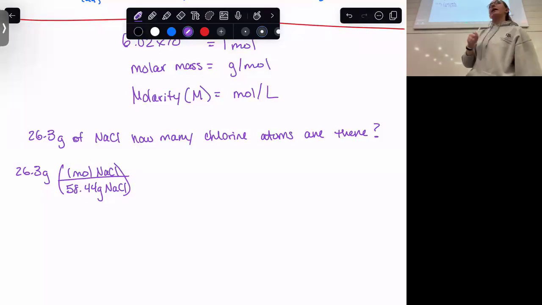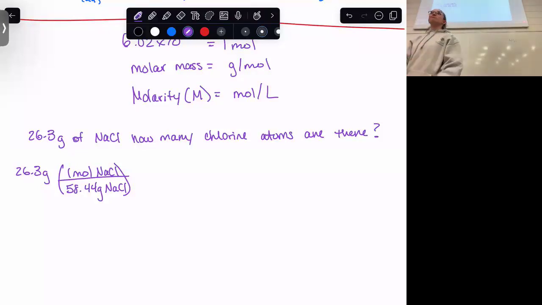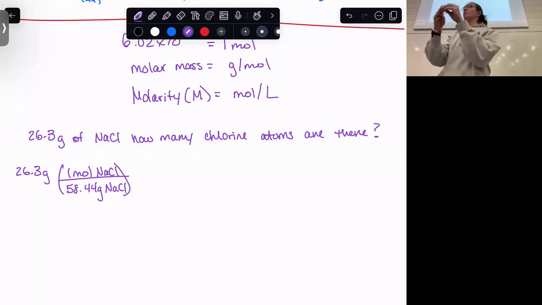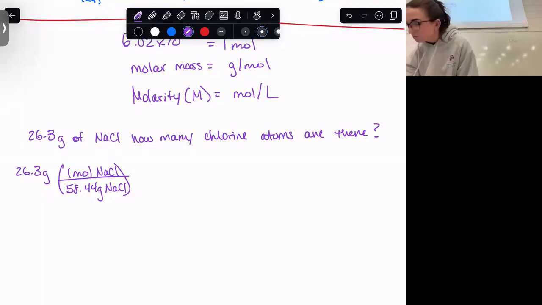Does that get us to how many atoms of chlorine there are? No, now we're in moles of sodium chloride. If you're in moles of something, you can work any way you want. There will be flow charts in a couple of chapters showing that once you're at moles, you can get to a lot of places.